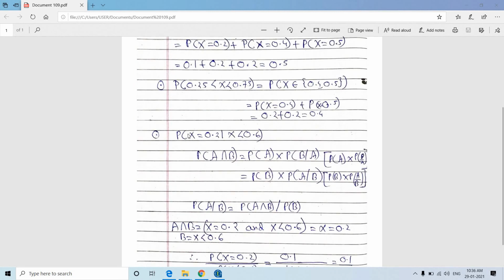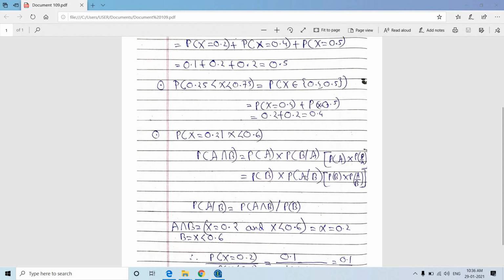Now this is one interesting question. This is called conditional probability: what is the probability that the random experiment will take the value 0.2, given the information that our random experiment takes a value less than 0.6?